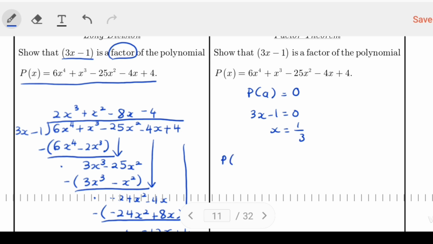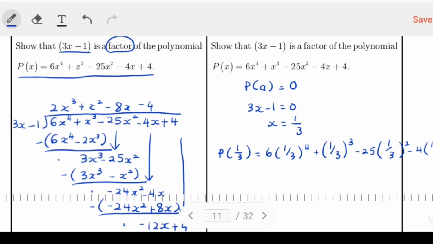So substitute 1 over 3 into the polynomial. So it's 6 times 1 over 3 power 4 plus 1 over 3 power 3 minus 25 times 1 over 3 squared minus 4 times 1 over 3 plus 4.